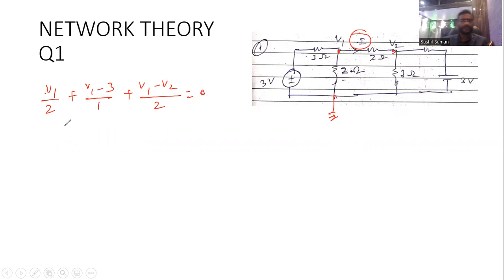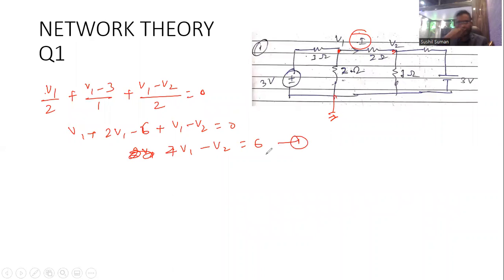Solve this one. So this becomes V1 plus 2V1 minus 6 plus V1 minus V2 equal to 0, and this equation becomes 4V1 minus V2 equal to 6. This is equation number 1.